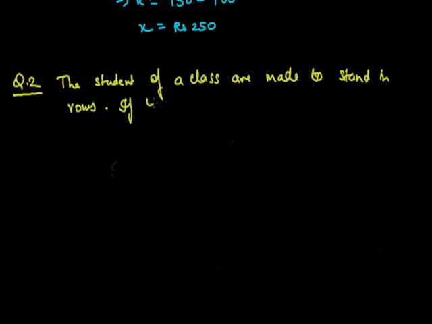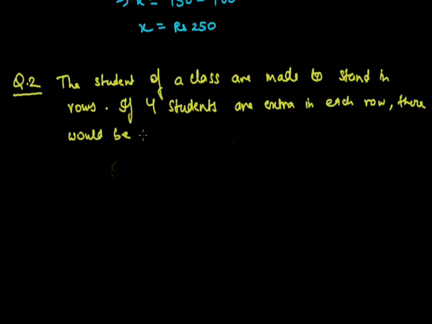If 4 students are extra in each row, there would be 2 rows less.